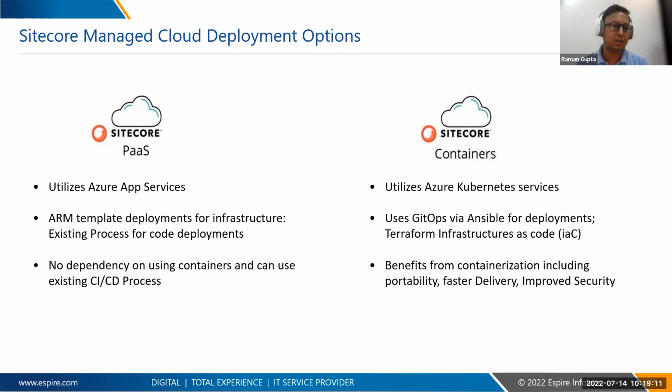And then the deployment option. In Sitecore PaaS, we will get ARM templates to deploy the infrastructure-related things, but to deploy code-related things, we can use our existing CI/CD process.